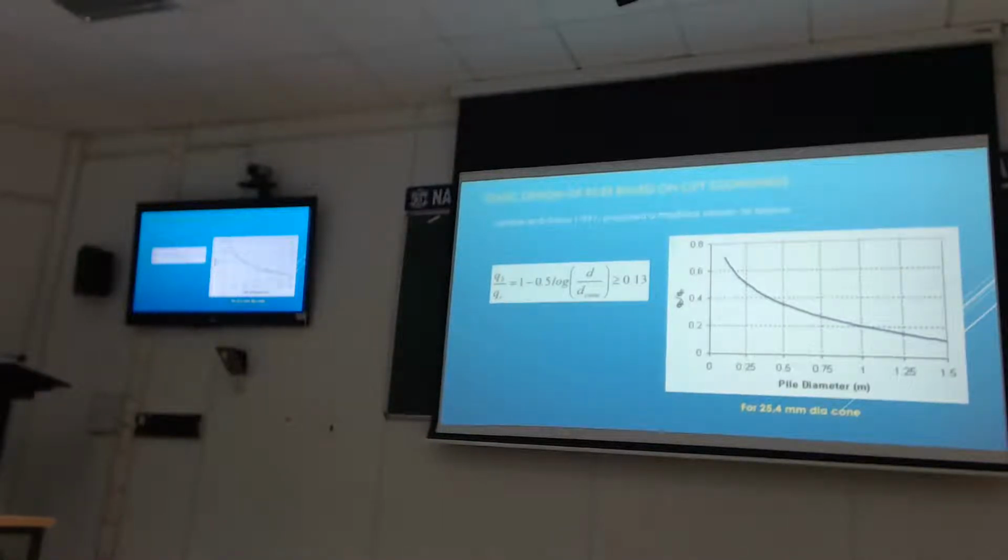So, let's play a little game. If we say that I'm going to have a 1 meter diameter pipe, then I can go up here, and that says QB over QC should be 0.2. So if I now measure QC, and QB over QC is 0.2, that means QB must be 0.2 of my QC.